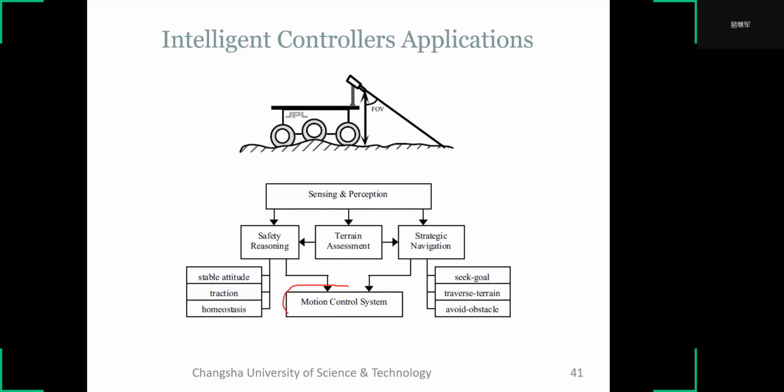The central part is the motion control system. The sensing and perception systems give safety reasoning, threat assessment, and strategy navigation to the motion control system, which produces the control strategy.